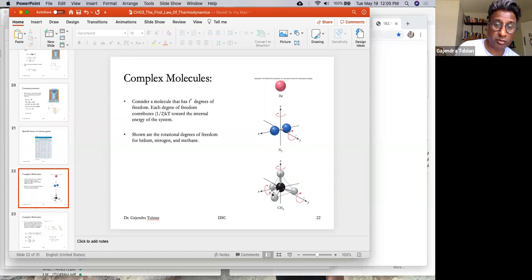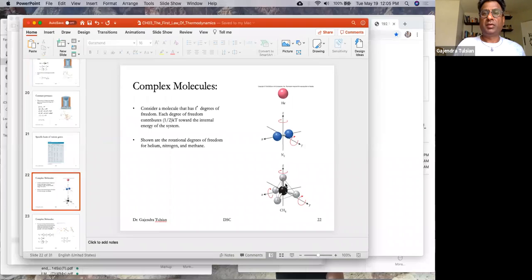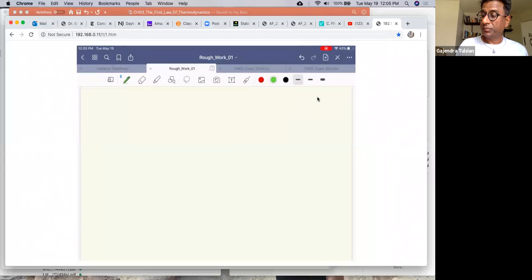So for a complex molecule, you can rotate it about all 3 axes, so the number of degrees of freedom would be 6 for normal temperatures, and when vibrational modes come into play, then a higher number of degrees of freedom come into play. So at normal temperatures, it's 6 degrees of freedom, and CV is 6/2 R, just 3R.